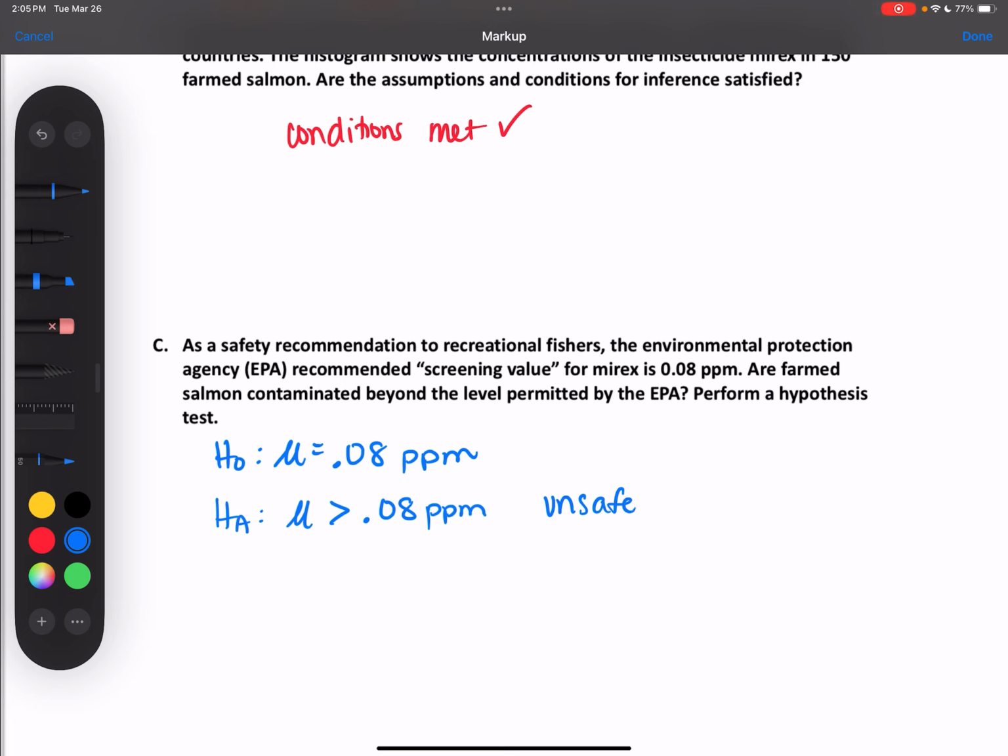Now, I can do this a couple different ways mathematically.